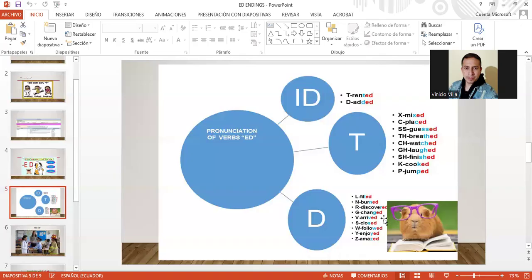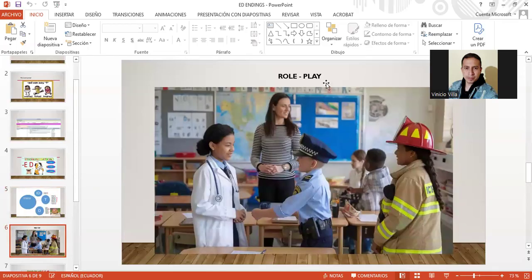We have to be very careful. In the same way, if your throat feels a vibration, they have to use the D sound: burned, discovered.